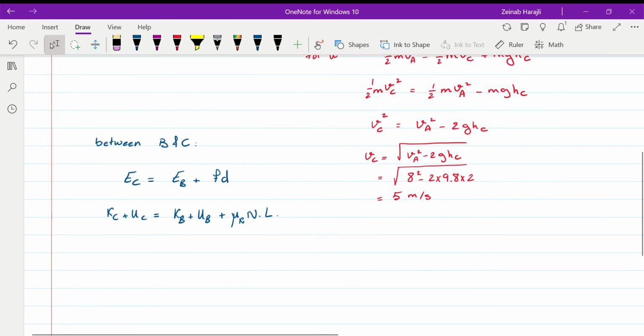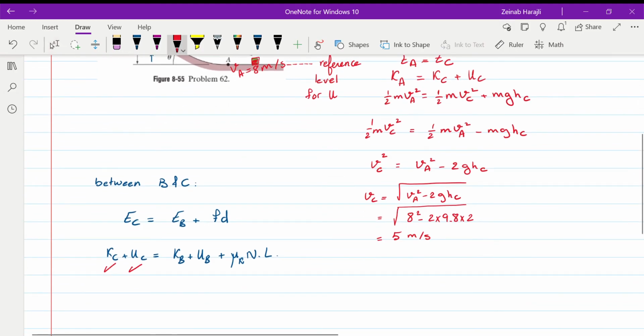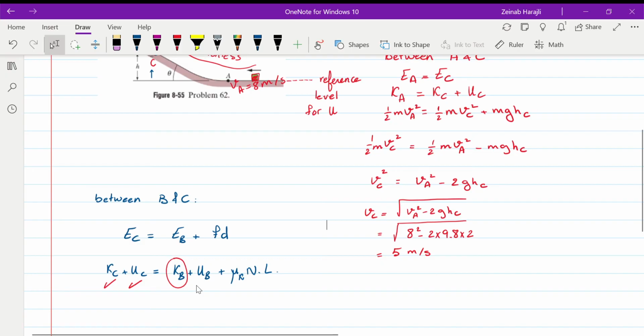Now, let's consider a few remarks here. The kinetic energy at C is easy to find. The potential energy at C is easy to find as well because we know the height is 2 meters. The kinetic energy at B is what we want. The potential energy at B, however, is not given and we need to find that.